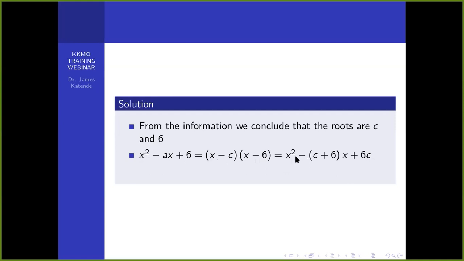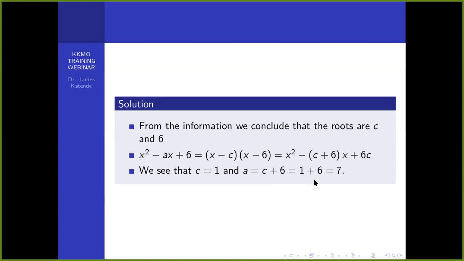When you expand that, you get x squared minus (c plus 6)x plus 6c. So we can compare both sides to find the value of c. If you compare the constant term, here it is 6, here it is 6c, that means c must be equal to 1. And then a should be equal to c plus 6. We know c is 1, so a will be 7.